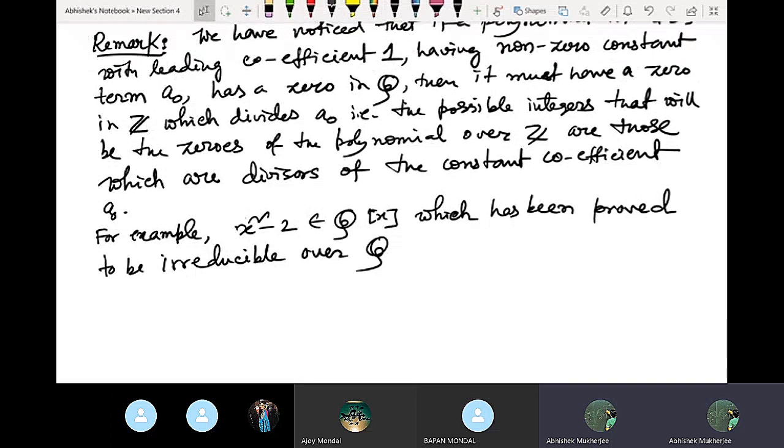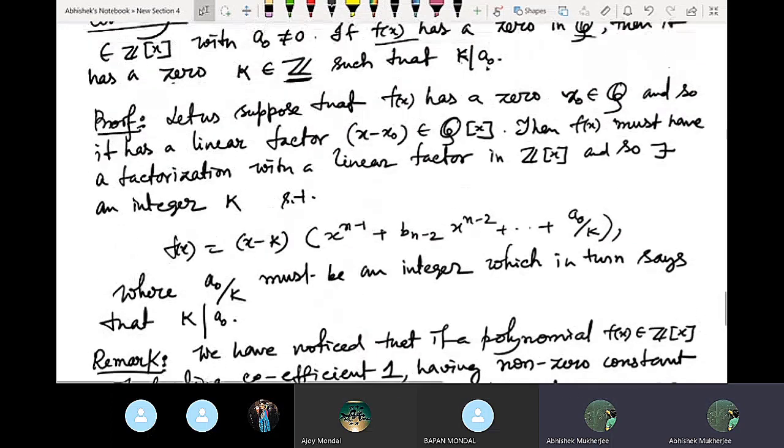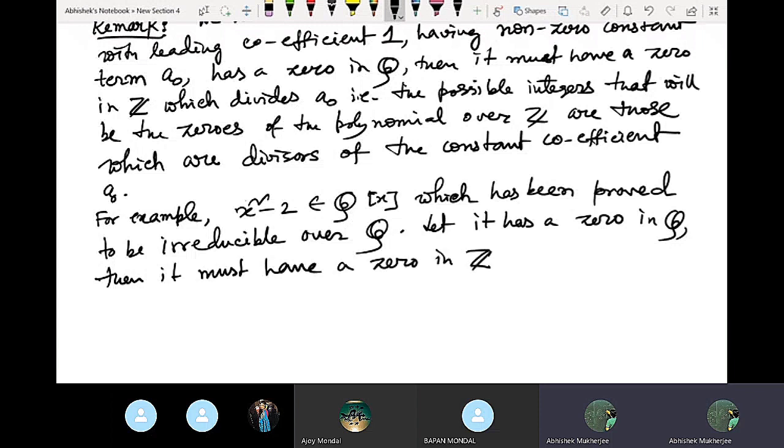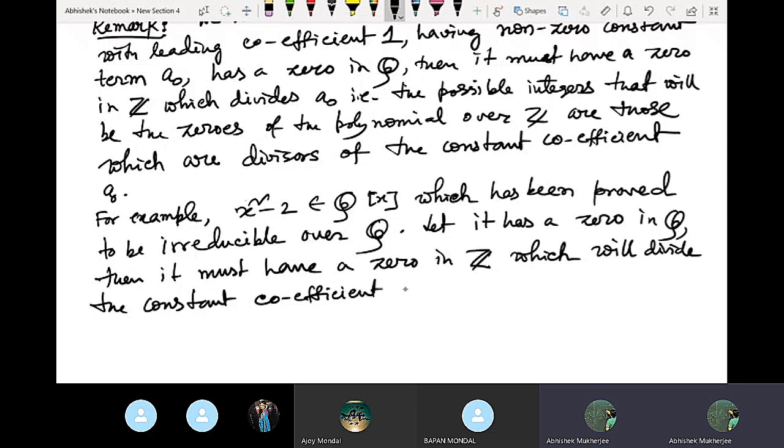Now if we want to prove this in terms of this corollary, then let us suppose forcefully that it has a 0 in Q. Then by the above corollary, it must have a 0 in Z, which will divide the constant coefficient minus 2.